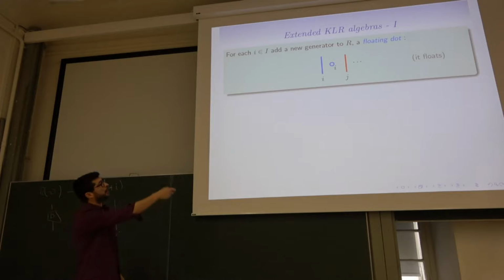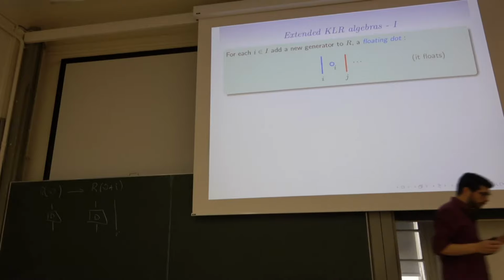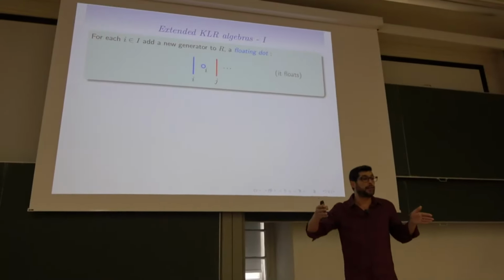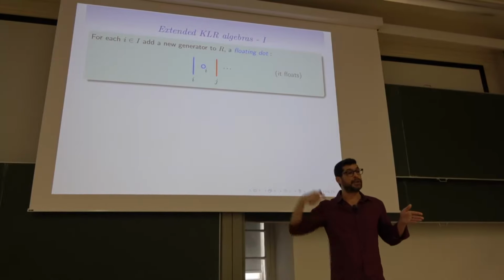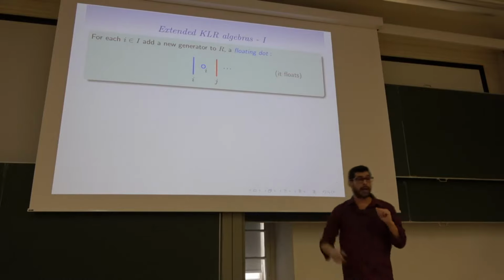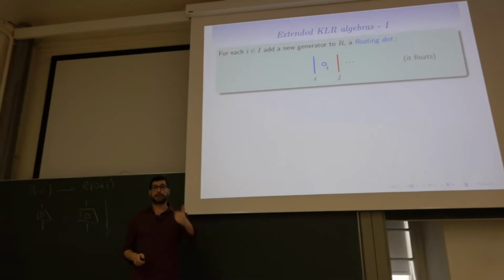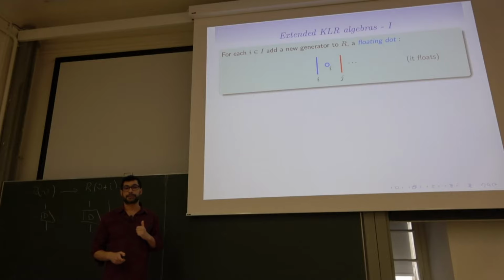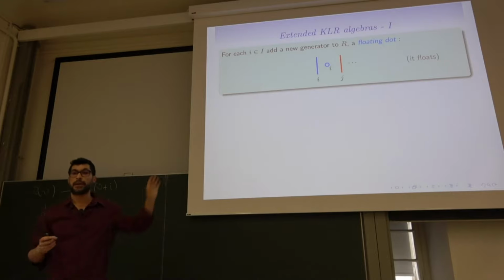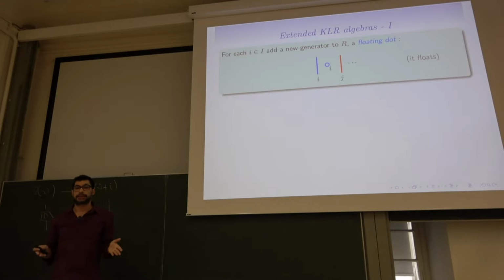So we add a new generator, and in terms of homology of Grassmannians, it means that you take the homology of the infinite Grassmannian, just a polynomial ring generated by Chern classes, compute its Koszul dual, and tensor the two together. So these floating dots are the images in the Koszul dual of Chern classes of the infinite Grassmannian. This is the only geometric intuition we have for this, for SL2. Even in the non-Verma case, going out of type A, the geometry gets very complicated.